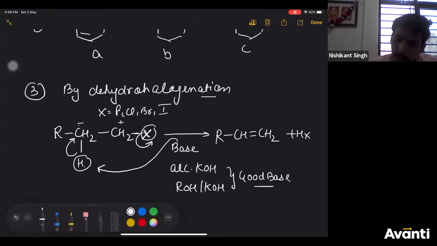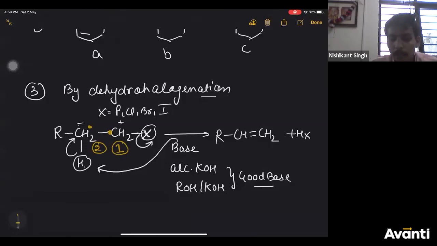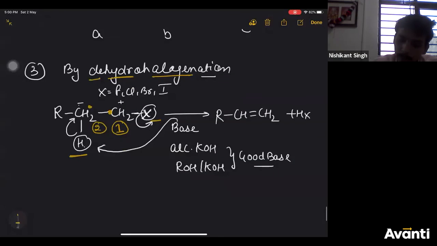Important thing, the carbon from which halogen is going is this carbon, let's say number 1. From the next carbon only, number 2, hydrogen should be eliminated. Since you are removing hydrogen and halogen, it is called dehydrohalogenation. De means removal, of hydrogen and halogen together.